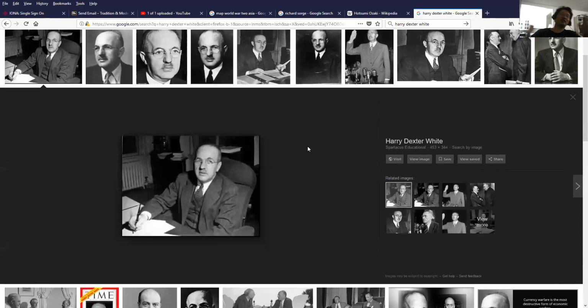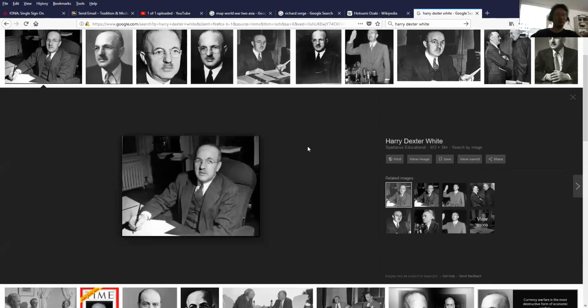Now, I don't know why the Undersecretary of Treasury is drafting the initial note for the Secretary of State, but Harry Dexter White was in close contact with Alger Hiss, who was also a Soviet spy. Well, I mean, I don't know if he was in close contact, but Alger Hiss was a Soviet spy. Harry Dexter White was a Soviet spy.